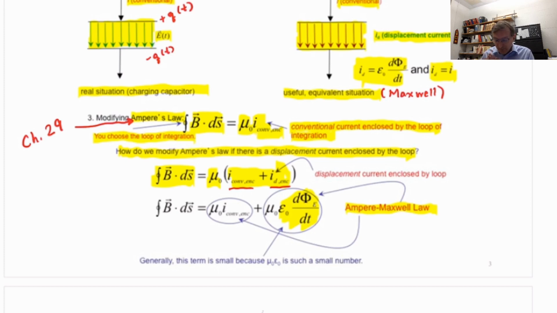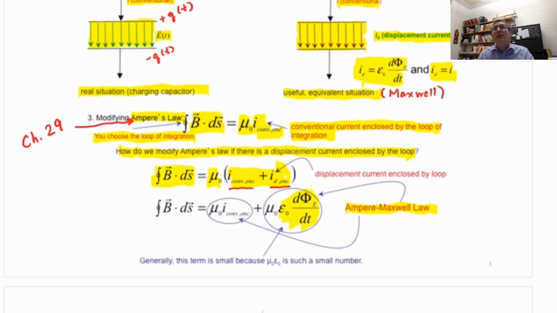Okay? By the way, you may have been wondering, well, if Ampere's law was missing something all along, why didn't we worry about that in chapter 29 when we first introduced Ampere's law? Why did we use Ampere's law in a way that apparently wasn't correct?